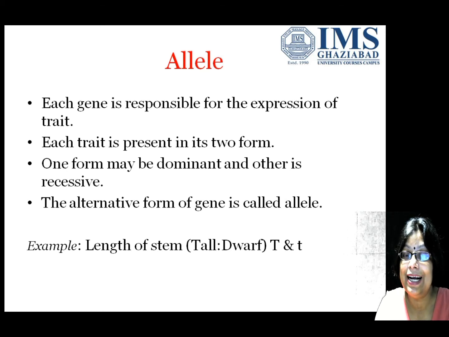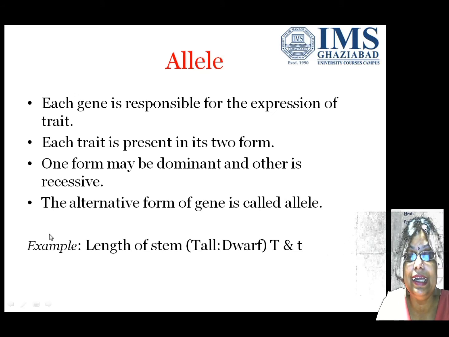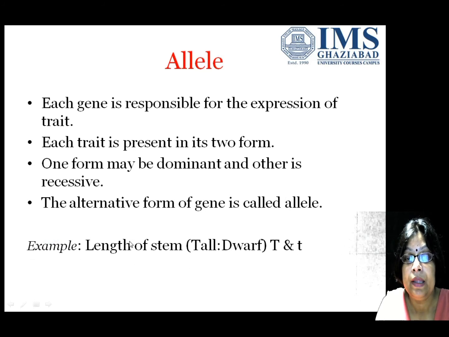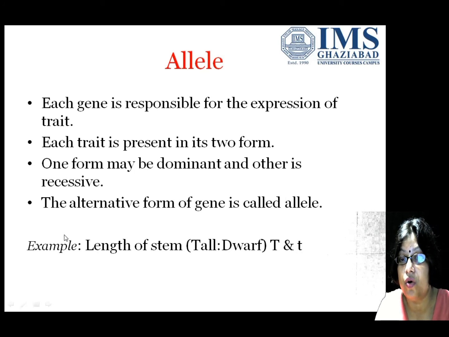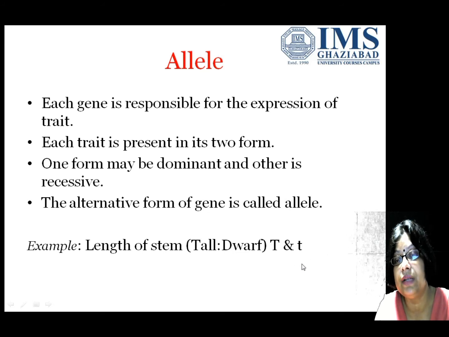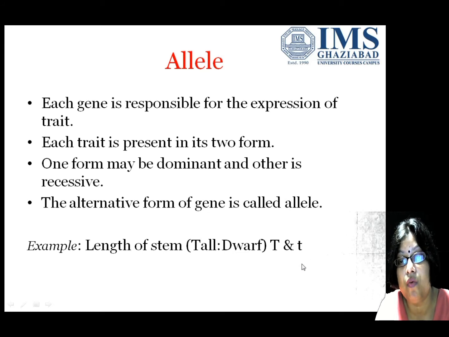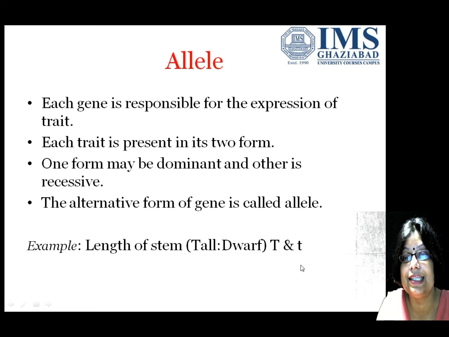So what we are saying is, the alternative form of a gene is called an allele. It means that the length of the stem is a character, a trait, and it is present in two forms, tall and dwarf. And we are saying when there is a gene for tall, that is capital T, its alternative form, that is small t or the dwarf one, is called its allele.